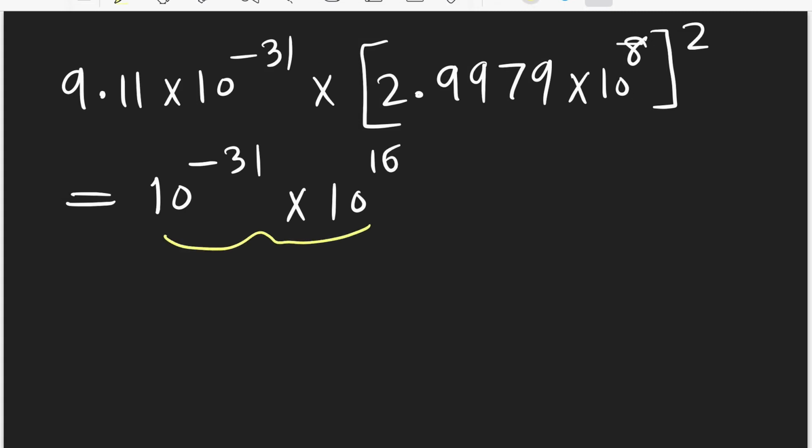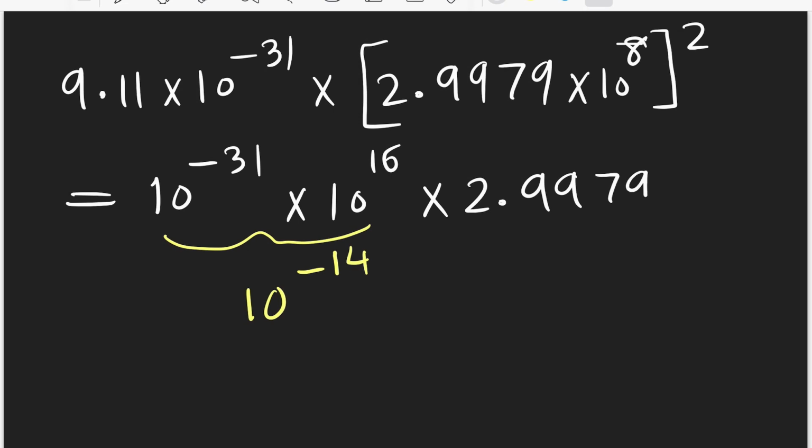The result of this is 10 to the power of minus 14 times 2.9979 squared. So when I use the calculator, I obtain this, 8.1876 times 10 to the power of minus 14.